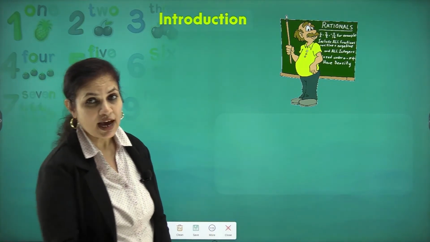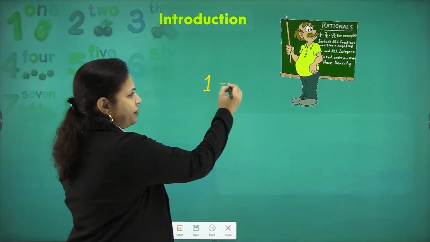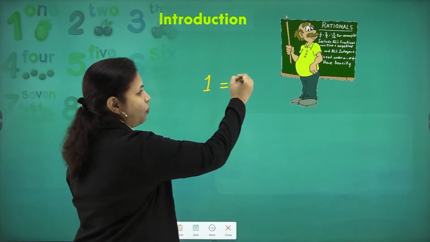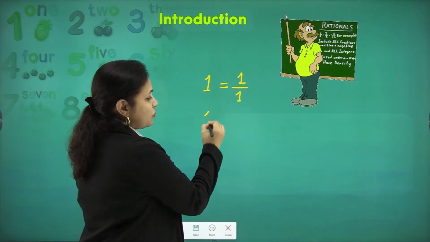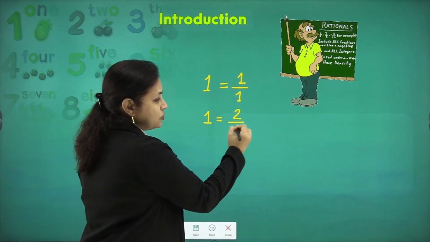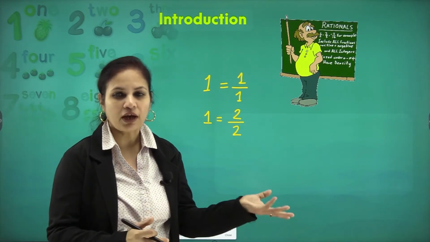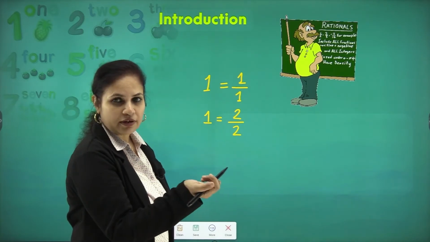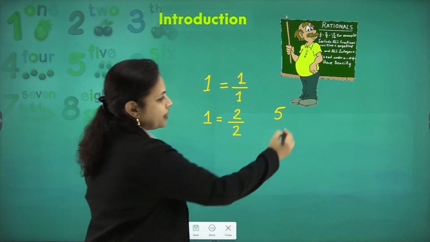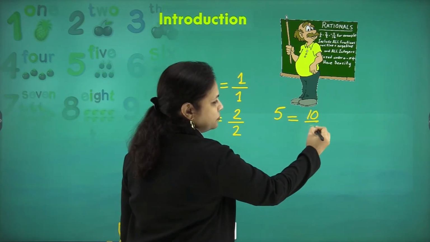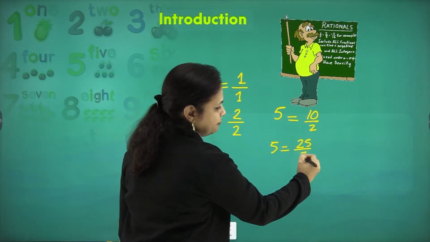For example, if I start with a natural number 1, can I write 1 as 1 upon 1? Yes. I can write 1 as 2 upon 2. I can write 1 as 3 upon 3 or 1000 upon 1000. Similarly, if I choose any other natural number, for example 5, 5 can be written as 10 upon 2. 5 can also be written as 25 upon 5.